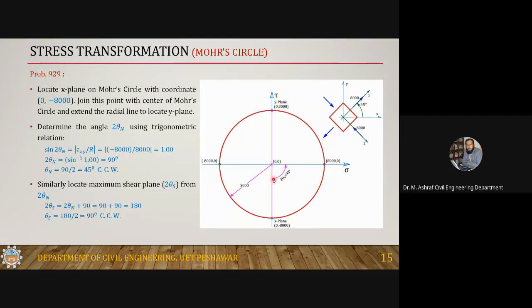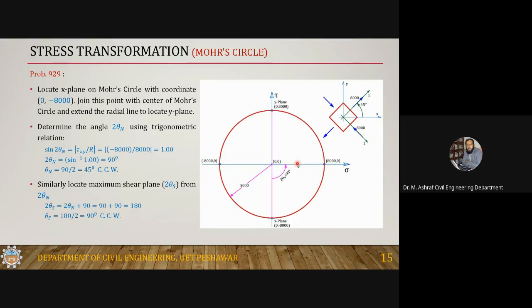Now this angle, from the x plane to the principal plane, should be equal to 2 theta p, and here it is obvious that it should be 90. But if you want to do the calculation, tau xy by R, which is minus 8000 divided by 8000, is equal to 1. So sine of 2 theta p is 1, and 2 theta p is 90, so theta p will be equal to 45 degrees. And this circle gives you the direction: the direction is counterclockwise.